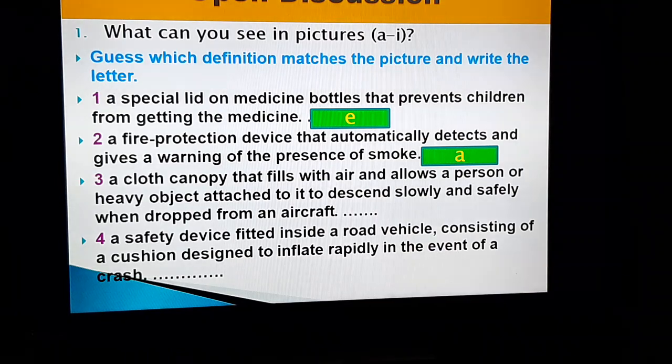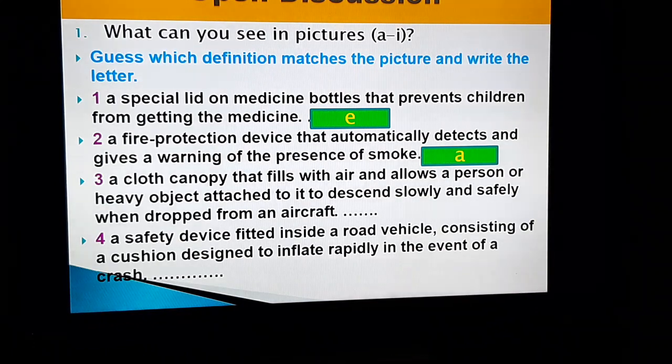A cloth that fills with air and allows a person or heavy object attached to it to descend slowly and safely when dropped from an aircraft.